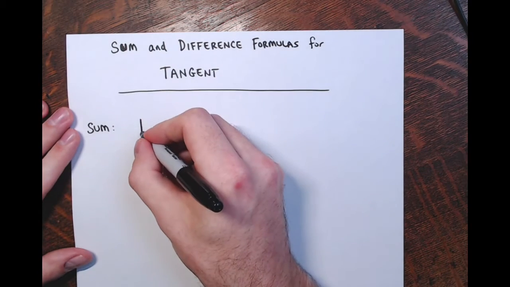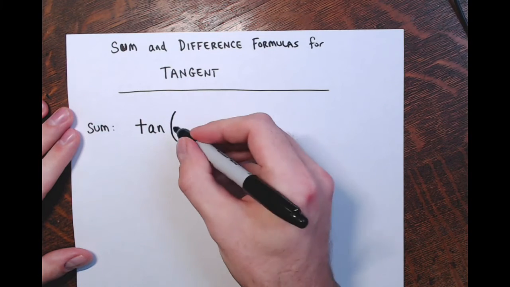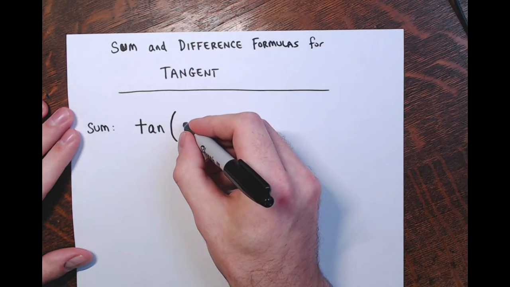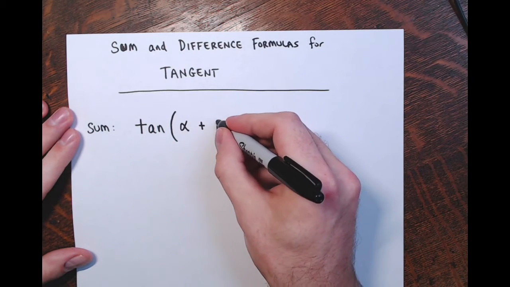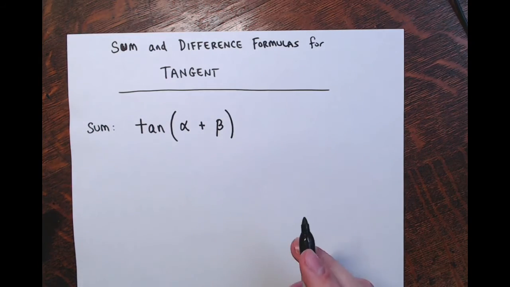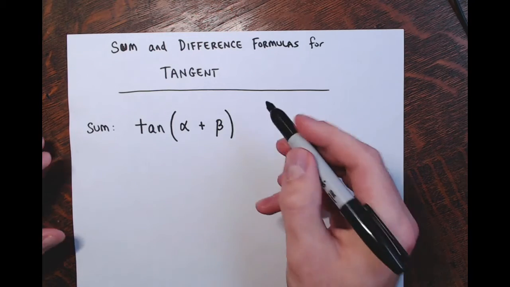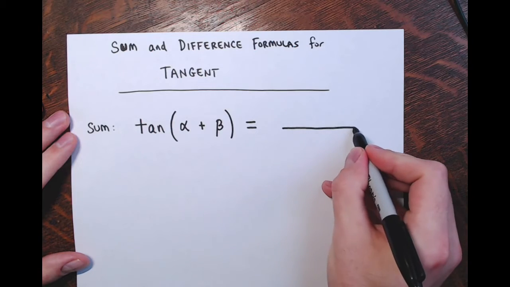The tangent of the sum of two angles, say angle alpha plus angle beta, or A plus B, whatever you want, is equivalent to a fraction.